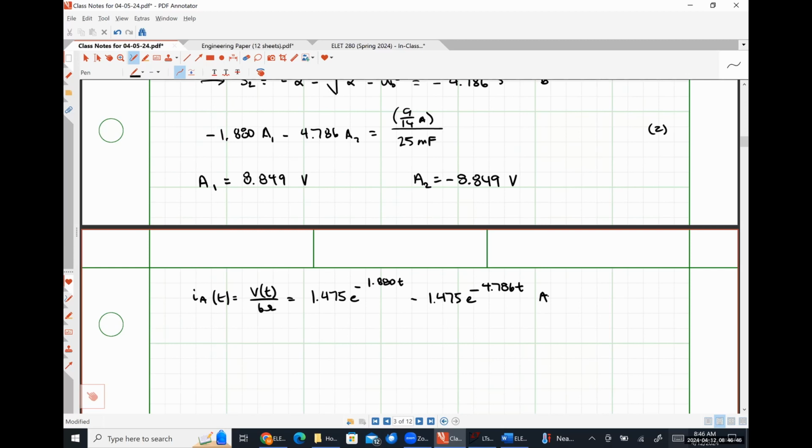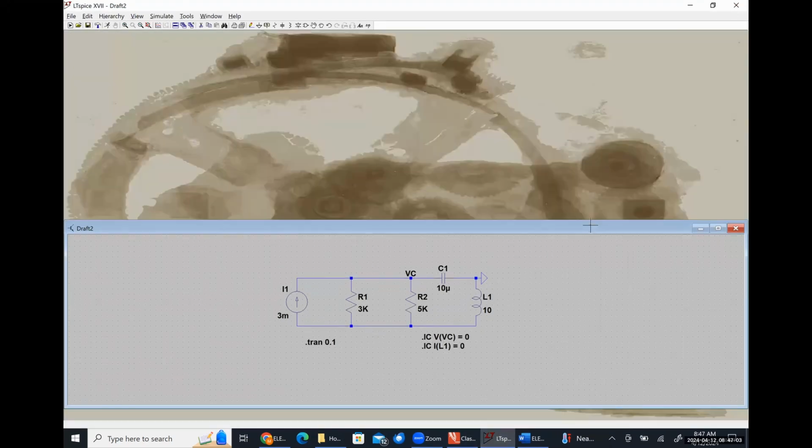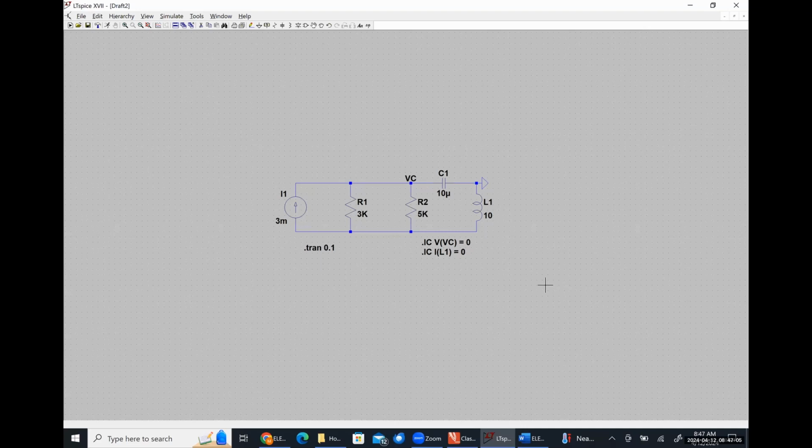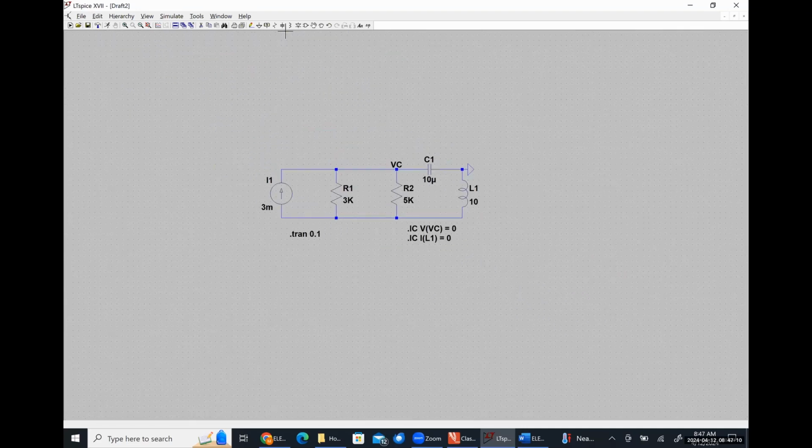Now for the quote unquote hard part, which isn't all that hard. I just want to show you guys something here. We'll simulate this guy in LTspice. So I'm going to effectively draw this circuit twice. One way would be the official way, and the other way would be the equally valid lazy way that you could use if you just could not for the life of you figure out how to make the dependent source work.